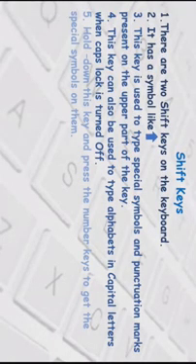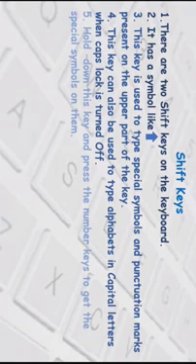there are 2 shift keys on the keyboard. It has a symbol like an arrow which is going up. This key is used to type special symbols and punctuation marks present on the upper part of the key. So on your keyboard you will find many keys where you find two things written on it.